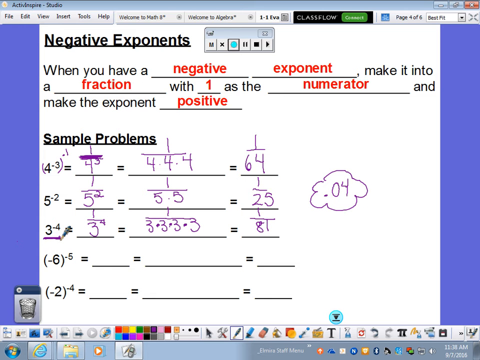All right, now we have a negative base and a negative exponent, but let's remember what they do. A negative exponent makes a fraction with a 1 on top. Negative 6 stays in parentheses, but the negative 5 goes to a positive 5. So written out, what this looks like is 1 over negative 6 times negative 6 times negative 6 times negative 6 times negative 6.